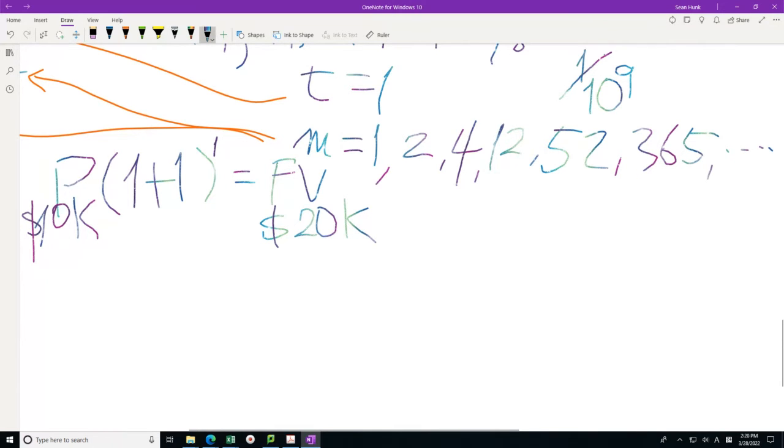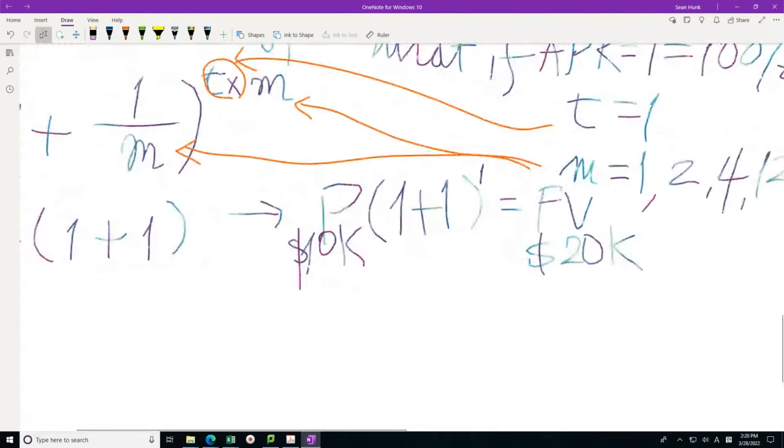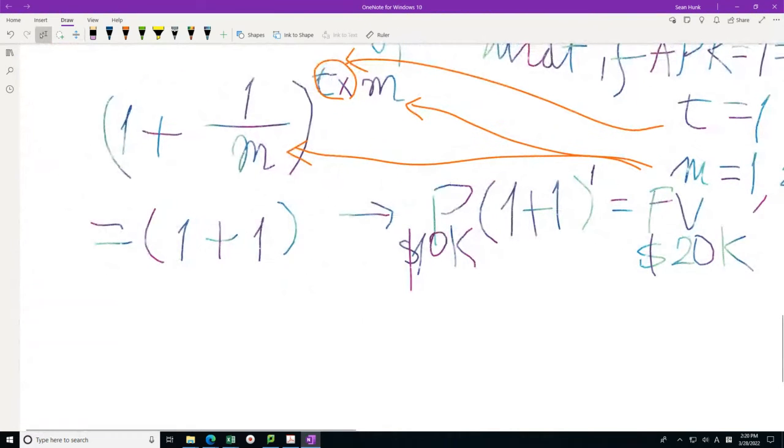In other words, we split time into very small fragments. Now think about it: as we increase M, what does that mean? We are increasing the compounding frequency per year, right?